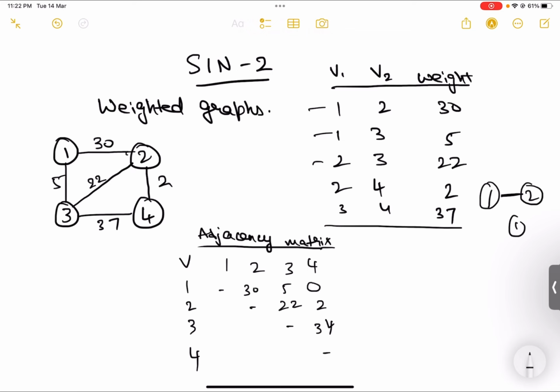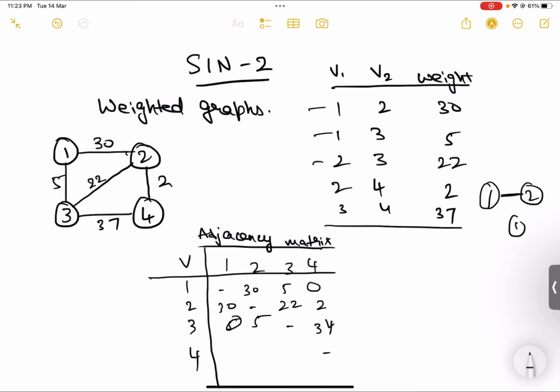Now, we discussed one important thing in the previous video, which is that the adjacency matrix of an undirected graph is always symmetrical. Based on this, we can fill in the rest of the values, because it needs to be symmetrical.